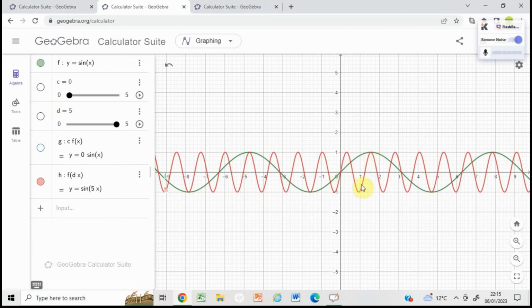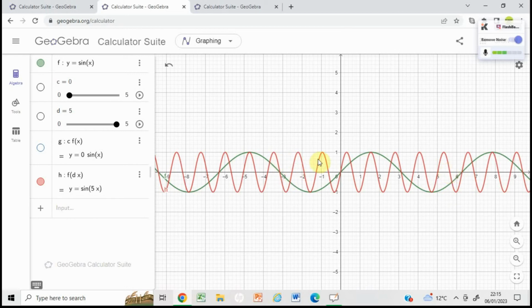Where you have one wave of the sine graph, there you're going to have 5 waves. So that's the first one, second one, third one, fourth one, and fifth one. Okay, and that's what's happening. It's getting squashed in from either side, left and right.